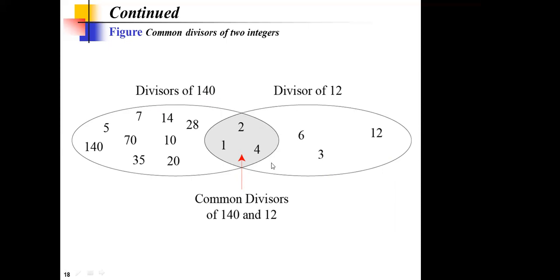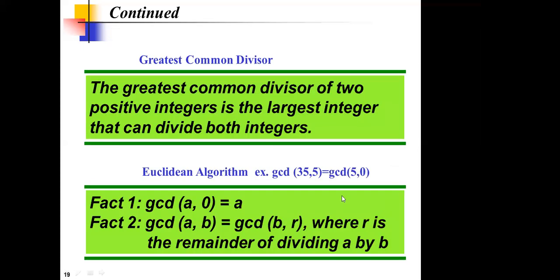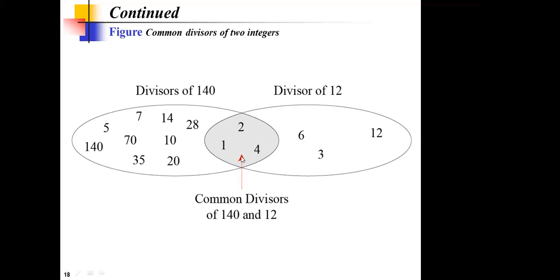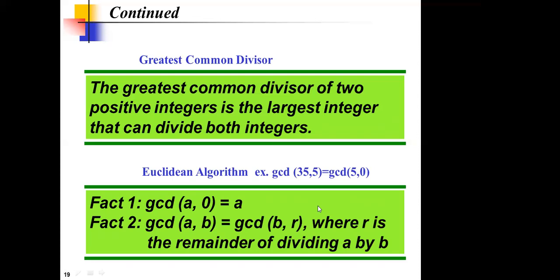So these are the common factors. From these common factors, the greatest common divisor is 4. So the greatest common divisor, we also call it GCD, of two positive integers is the largest integer that can divide both integers.